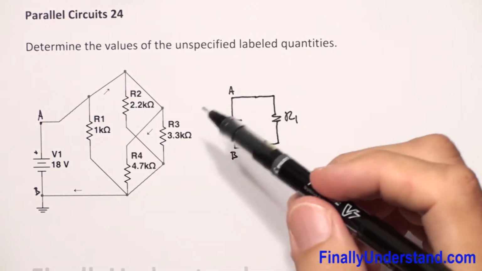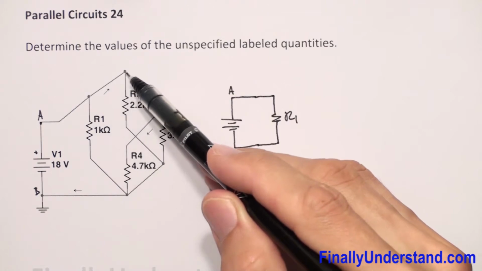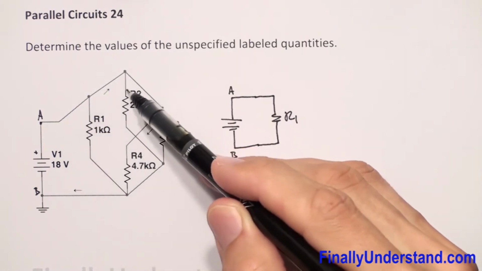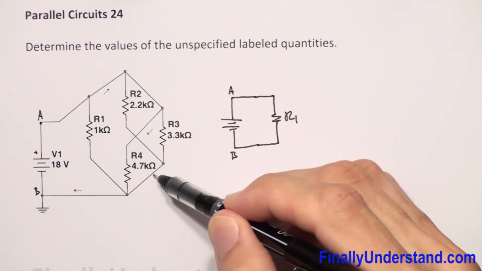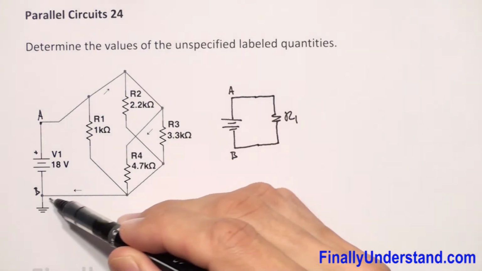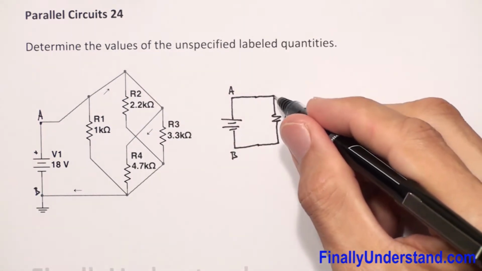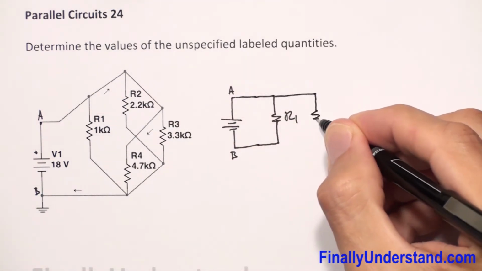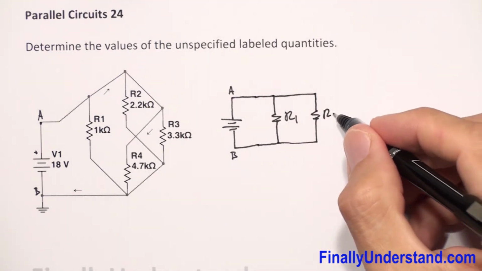Now let's take a look at resistor R2. R2 is connected to point A, and R2 is also connected to point B. This is my connection over here. So I'm going to draw resistor R2 in parallel with resistor R1.